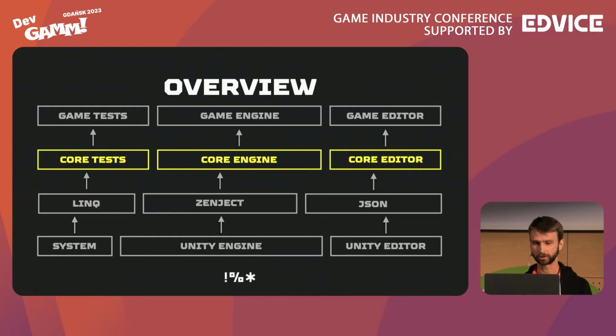contain some shared logic, logic that can be shared between projects, like some RPG features, a progression system, maybe a quest system, tutorial stuff, analytics. All those kinds of things can be put in this third layer.